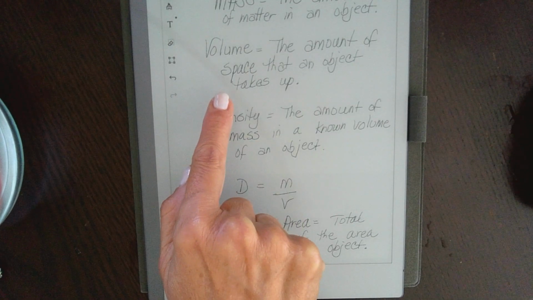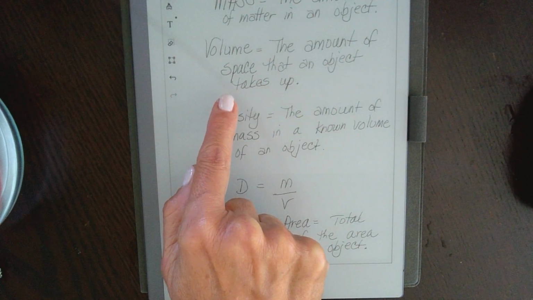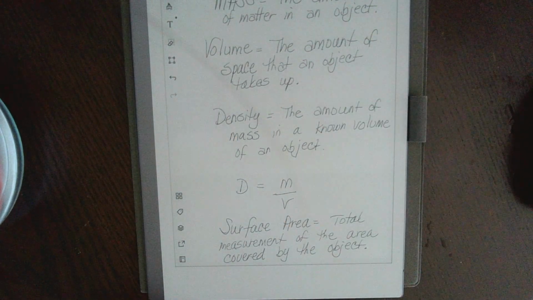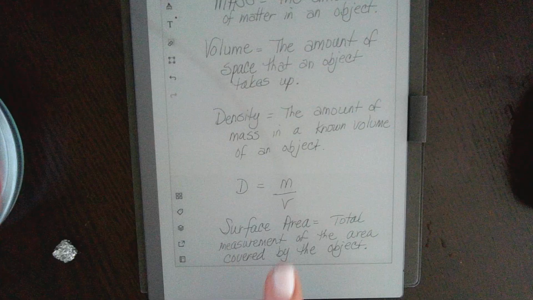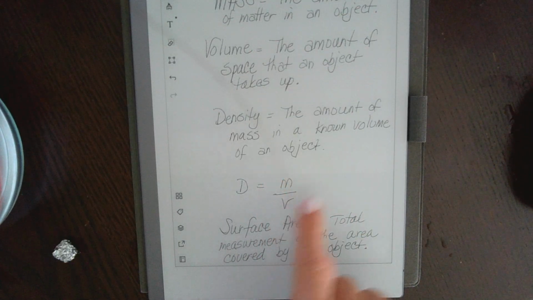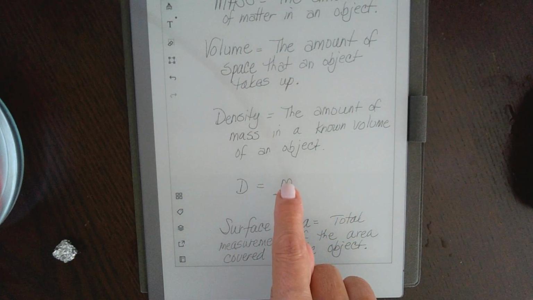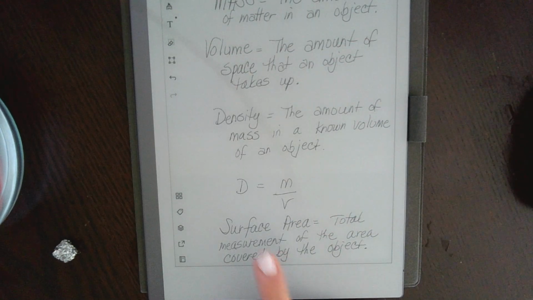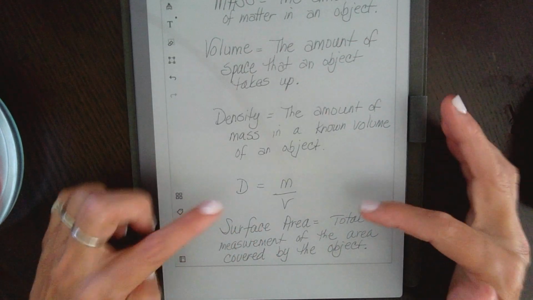So if you know the volume of something, and we did that last week with displaced object, where we put the object into a graduated cylinder and measured the volume, and you divide that into the mass of the object that you measure with a balance scale, you can figure out the density of an object.